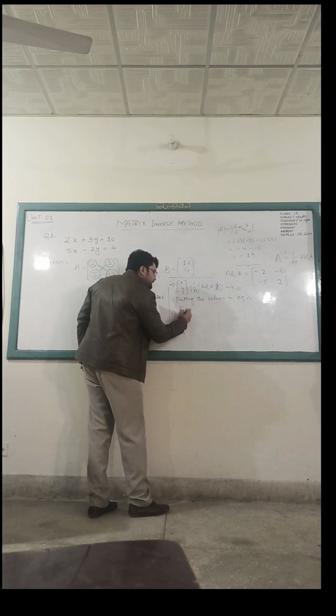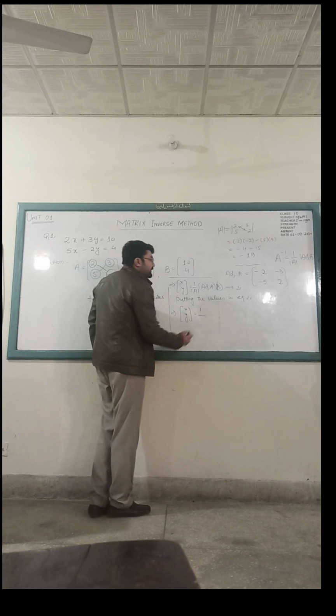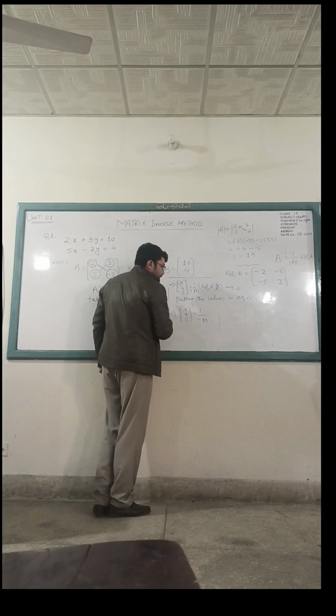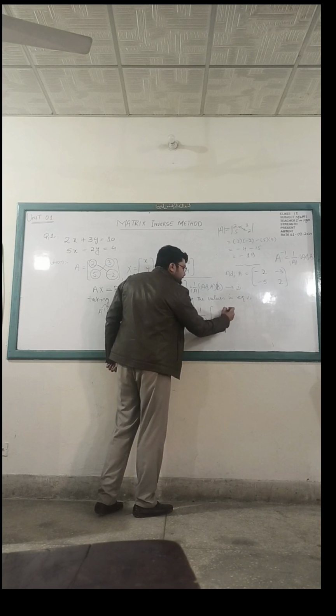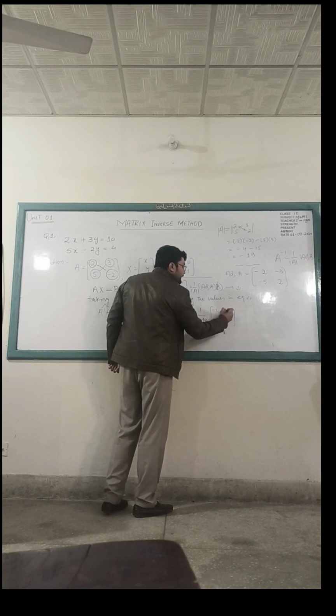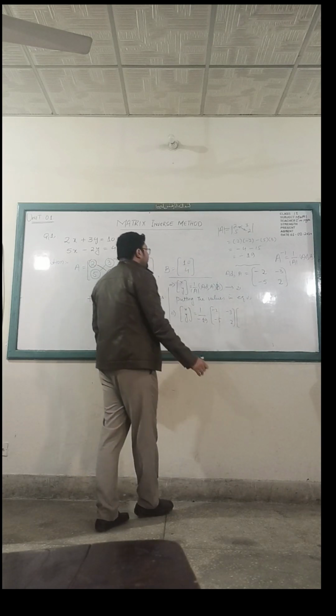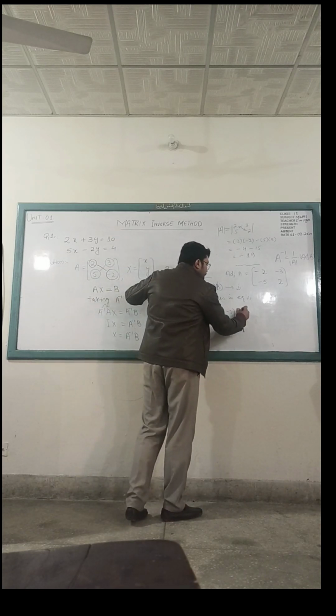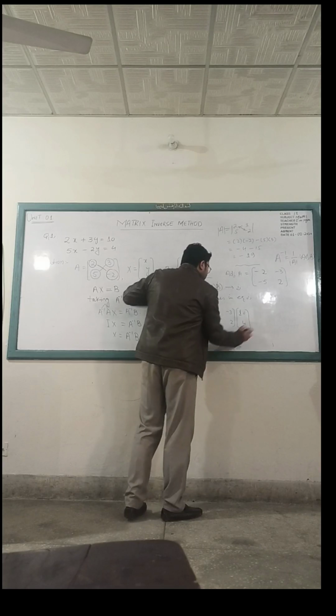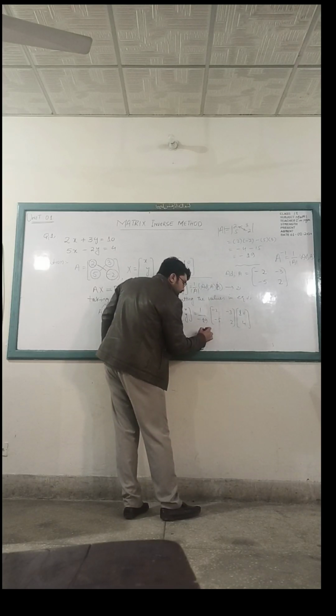This implies that [x y] is equal to 1 by determinant of A, which is minus 19. The adjoint of A is [minus 2, minus 3; minus 5, 2], and we have B as [10; 4]. Okay. This is 1 divided by minus 19.